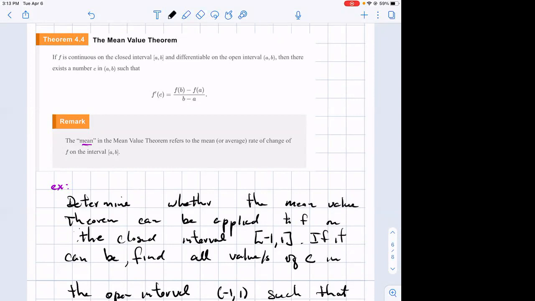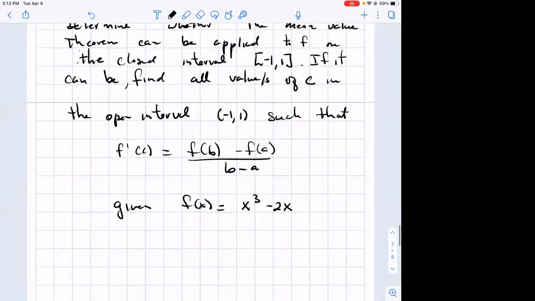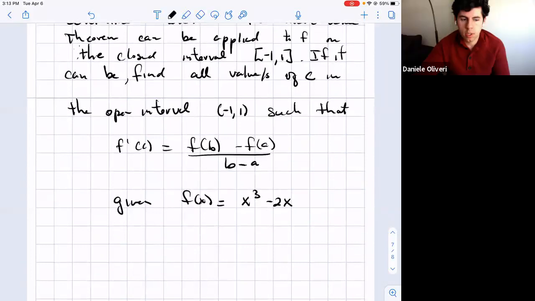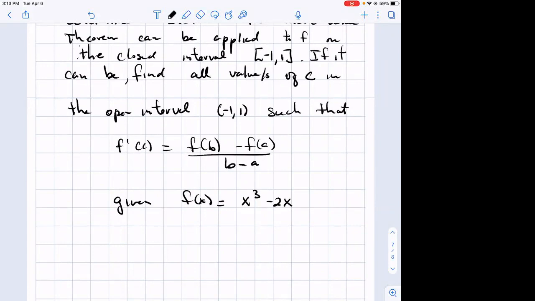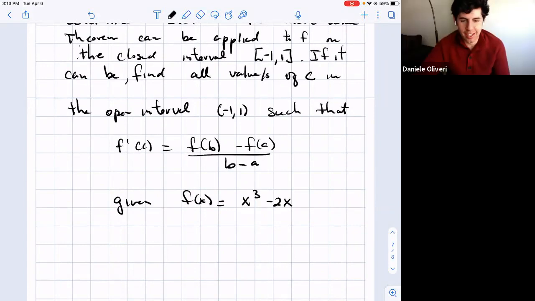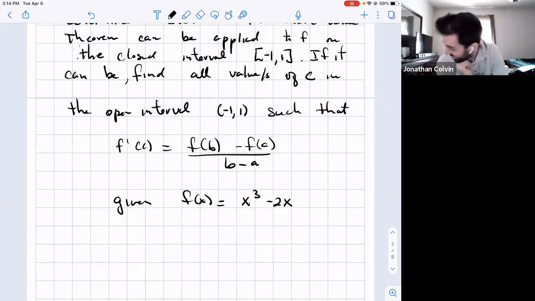Okay, so let's see if f is continuous. Is this function, x cubed minus 2x, continuous? Yes. How do you know? Because it's a roller coaster.